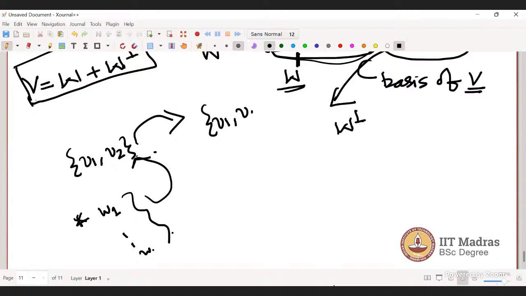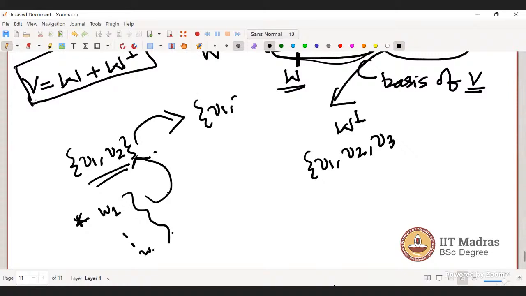No, that is what I am saying. How will you use Gram-Schmidt itself to get V3? See, the problem with Gram-Schmidt is, if you have V1, V2, V3, by applying Gram-Schmidt you cannot get a set of cardinality 3 from a set of 2.